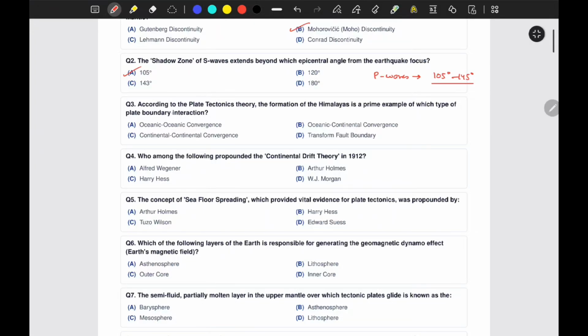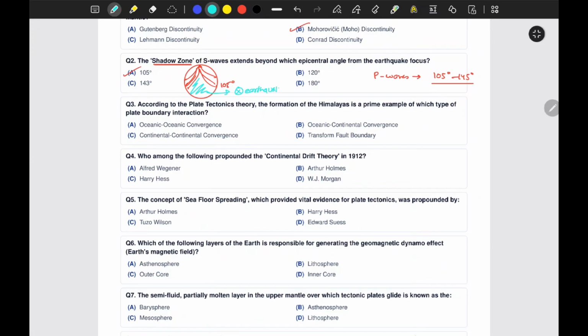Next one is, first of all, what is shadow zone? Shadow zone is the area where you don't experience earthquake. For example, let me make this diagram. This is 105 degree. If this is the epicenter, then beyond this point, in this area, you won't experience any earthquake.